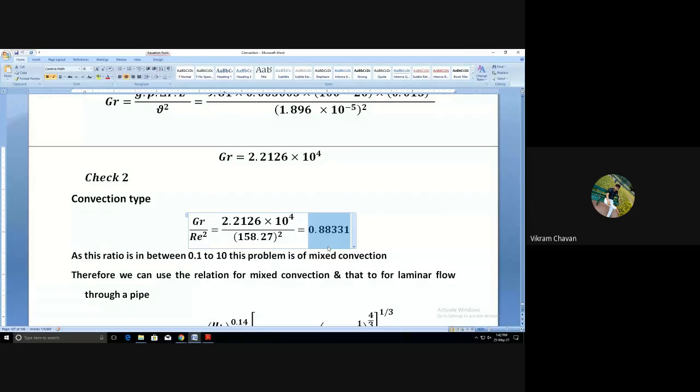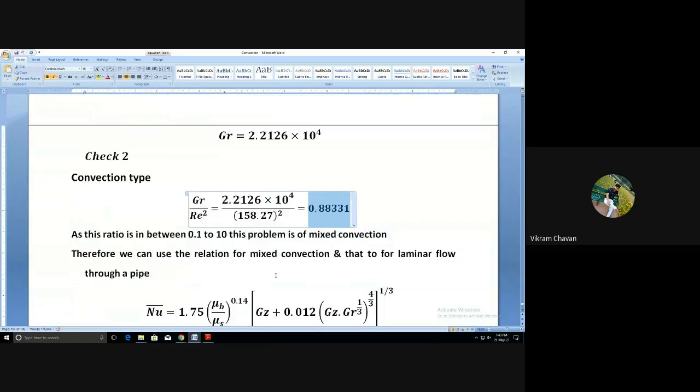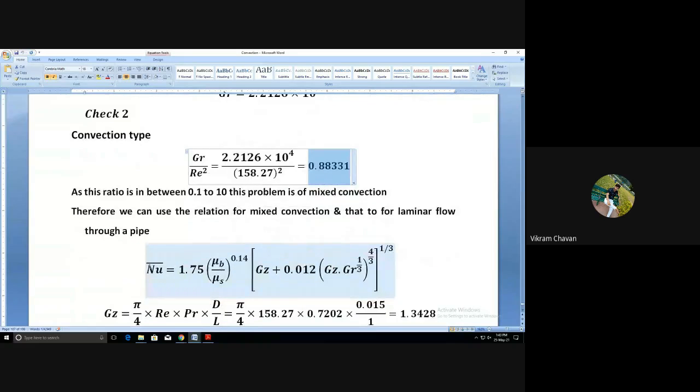Therefore, we can use the relation for mixed convection, and that too for laminar flow through pipe. Okay, so which equation do we have to consider?